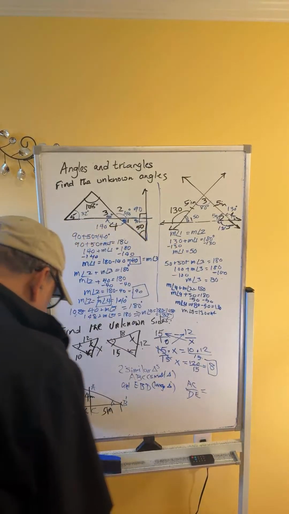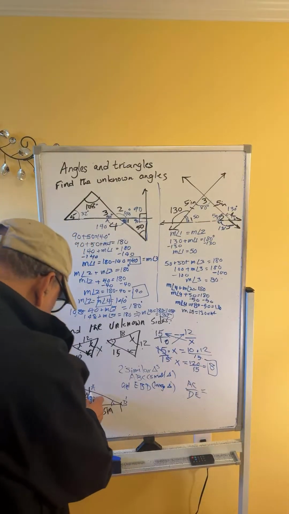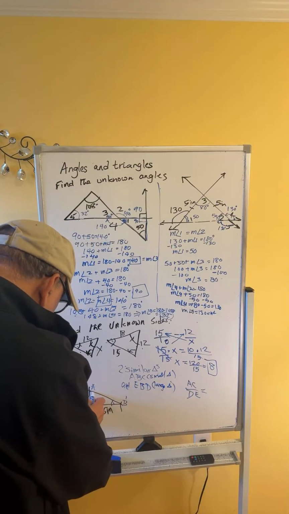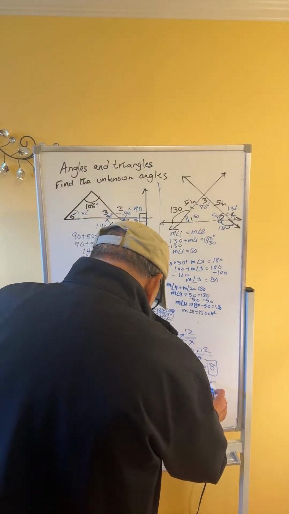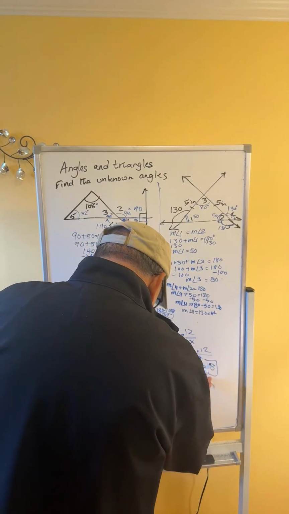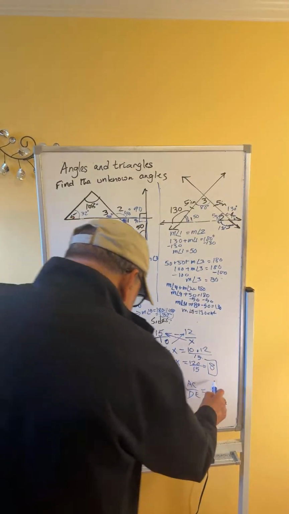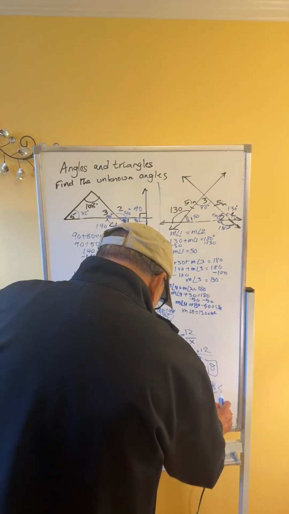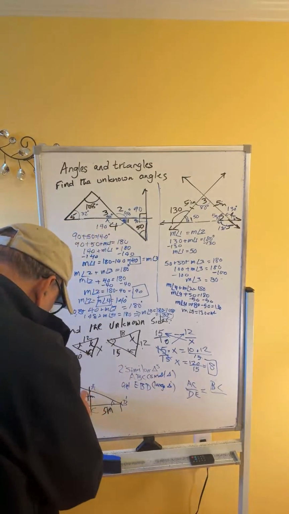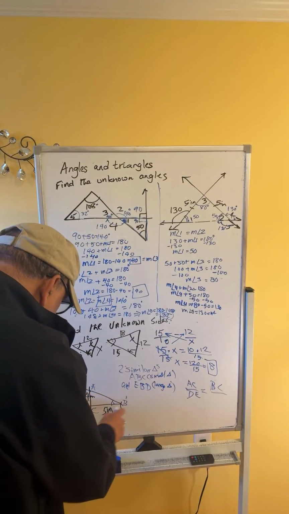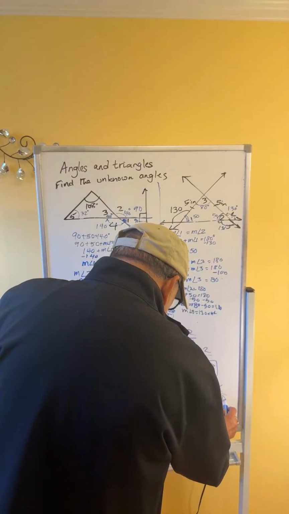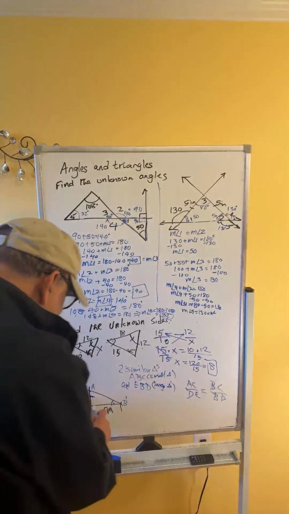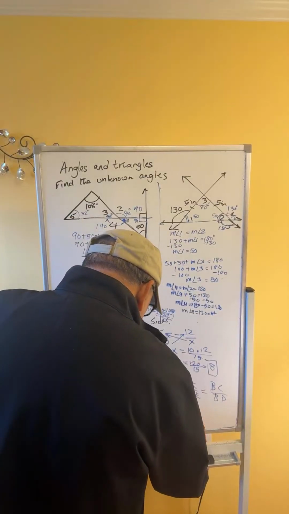Now, if we take the side opposite to angle A in the small triangle, which is BC, which is 5, divided by the side opposite to angle E in the large triangle, which is BD. Now, what is AC? AC in the small triangle is 4.